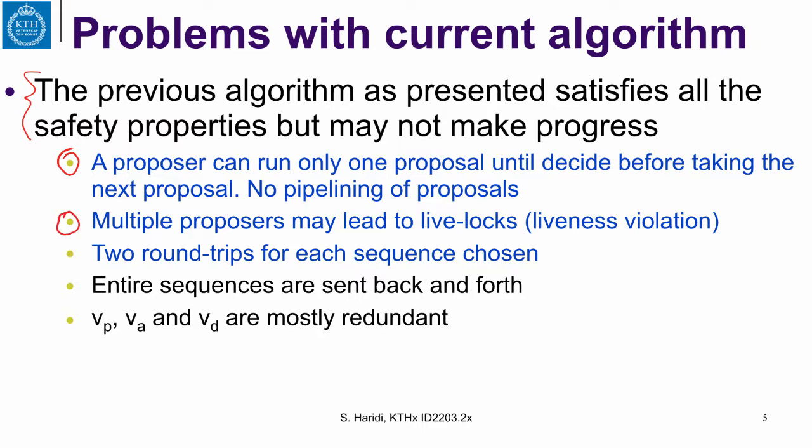Multiple proposals may lead to live locks, and 2 round trips are needed for each sequence extended. And there are other aspects. Sequences are sent back and forth, and also all these variables, the sequence at the proposer, at the acceptor, and at the decider, are all redundant.